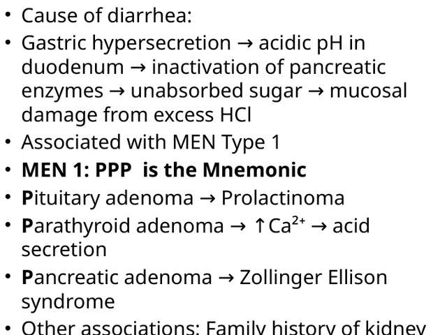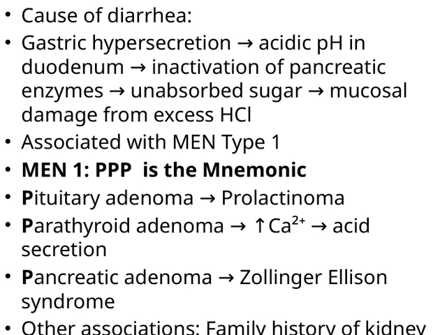The parathyroid glands often develop adenomas, leading to increased calcium levels in the blood, hypercalcemia, which can stimulate acid secretion in the stomach. Then, in the pancreas, adenomas can cause Zollinger-Ellison syndrome, characterized by excessive gastrin production that stimulates acid secretion even more.